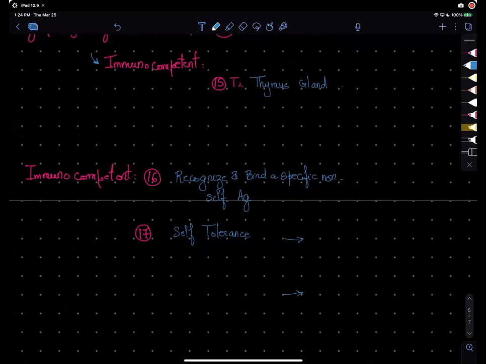Do you remember? How many selection processes do you have in order to develop self-tolerance? I have two selection processes.